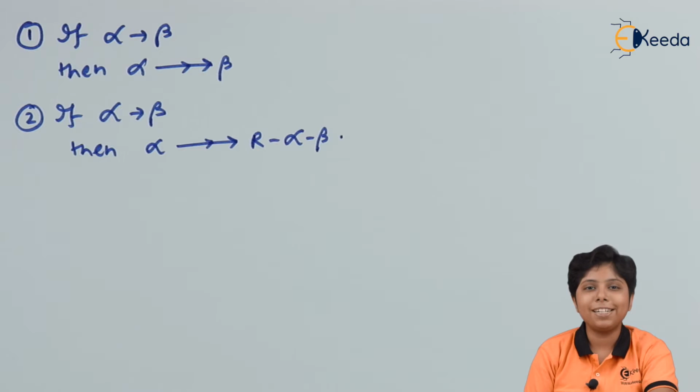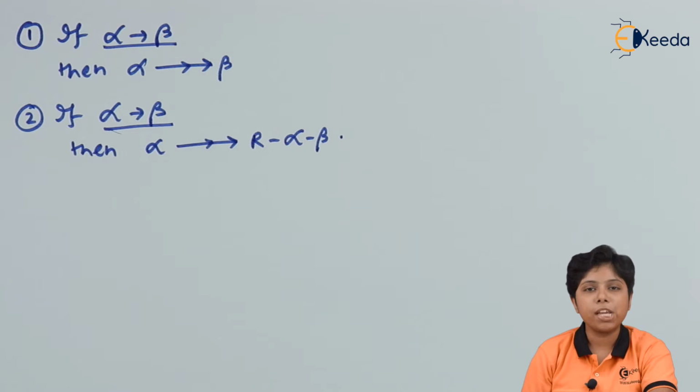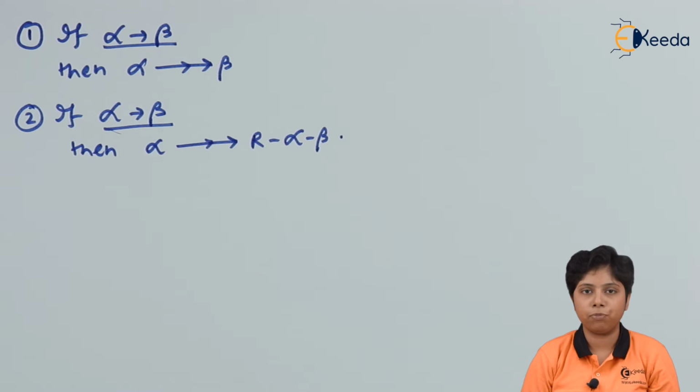So we can clearly say that if there exists a functional dependency, we can define a multivalued relationship from these two parts of the functional dependency. So if there is a functional dependency on two attributes alpha and beta, then there should obviously be a multivalued dependency between them.